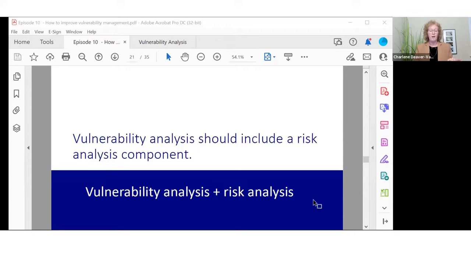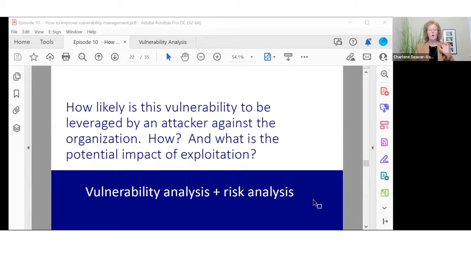You're elevating the conversation, you're aligning this with the business priorities, and you're getting leadership to understand this isn't just a count of numbers of how busy you've been. You're really doing a risk analysis. If you do it right, you're really doing a risk analysis. So how likely is it that this vulnerability will be leveraged by an attacker?